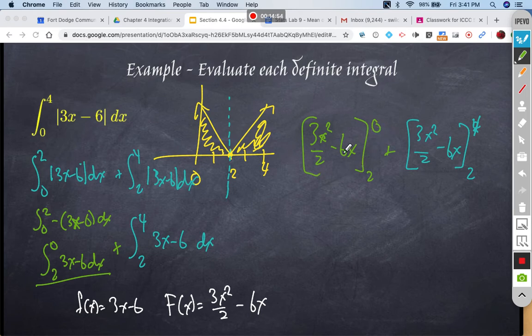So here we're going to first plug in 0. That one's nice, that's 0. We plug in 2. We're going to go 3 times 2 squared is 4 over 2 minus 6 times 2. That's 12 over 2, which is going to be 6 minus 12, which is going to be a negative 6.